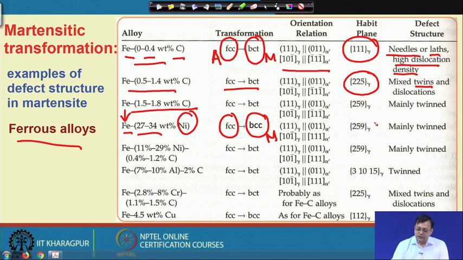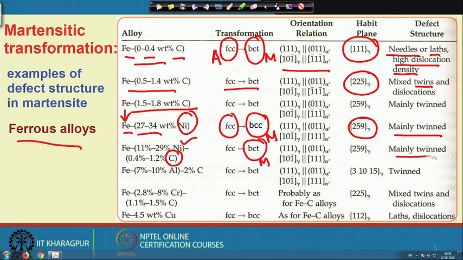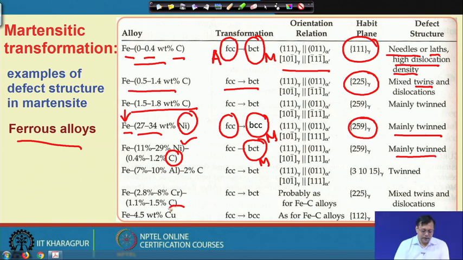Now, you see this is a habit plane and mainly twinned, meaning along with twins some other defects like dislocations will form. However, once again if carbon is present along with nickel, it again becomes body centered tetragonal. This is basically the martensite, mainly twinned. And let us say in the case of an iron copper alloy, these are lath and dislocations mostly present.